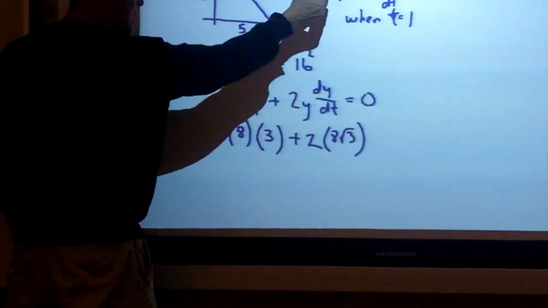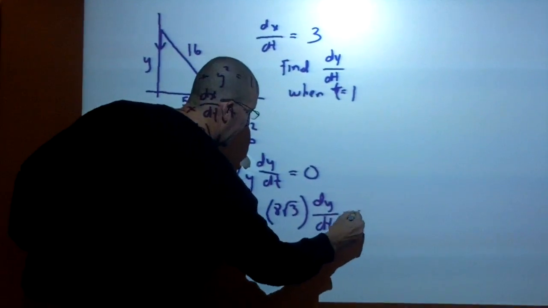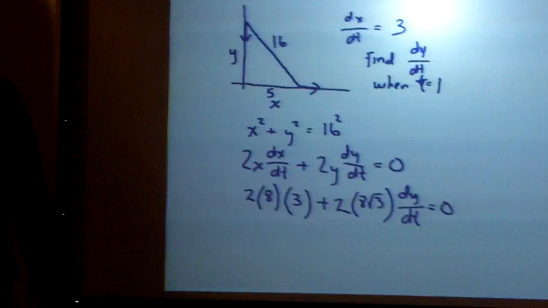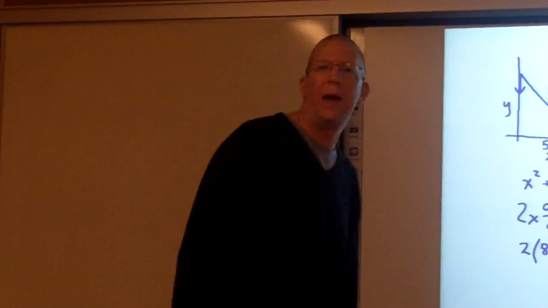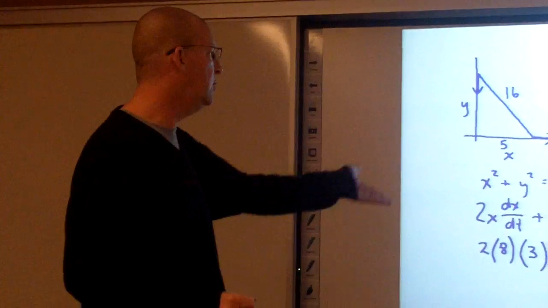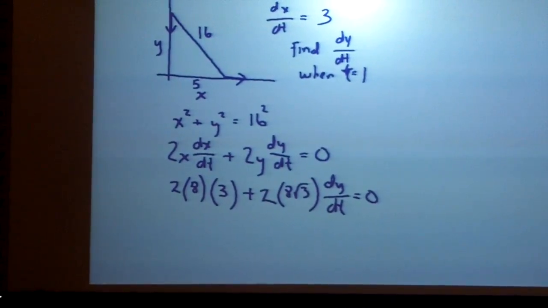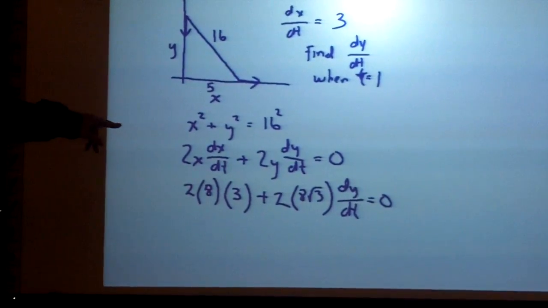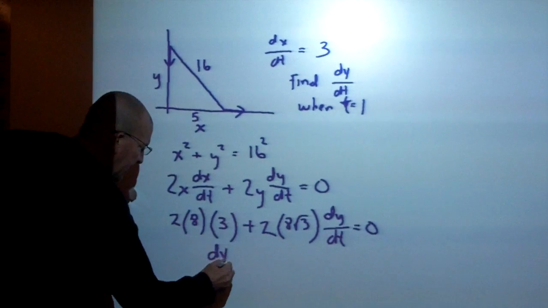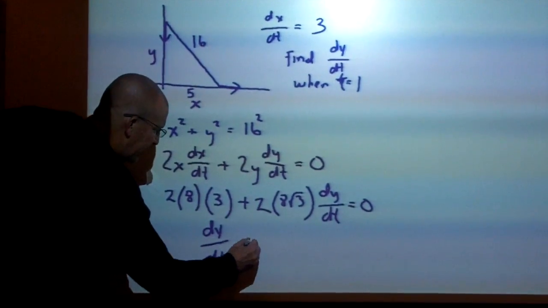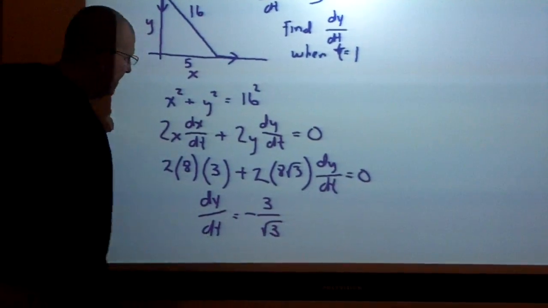Now dy/dt, that's what I want to find. And there's my equation. Hand this over to a random student from Algebra 2, and we get a solution. Our solution here ends up, looks like the 2 in the 8, the 2 in the 8, 3 in the root 3, dy/dt is negative 3 over root 3.